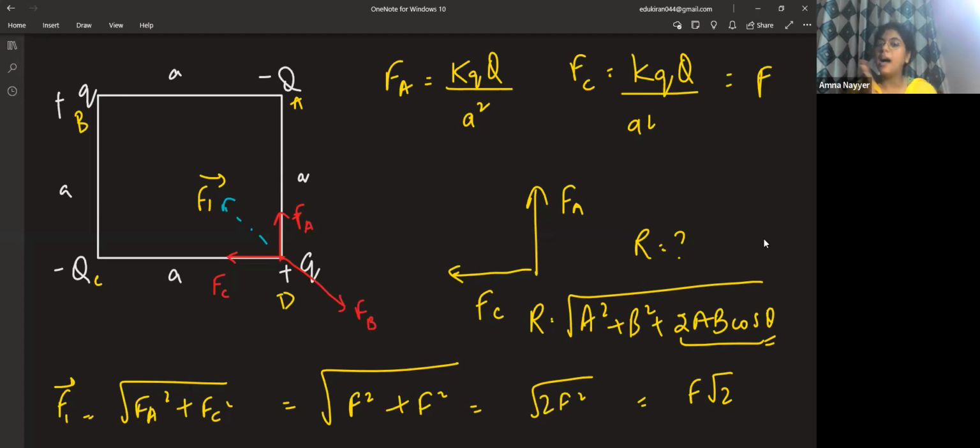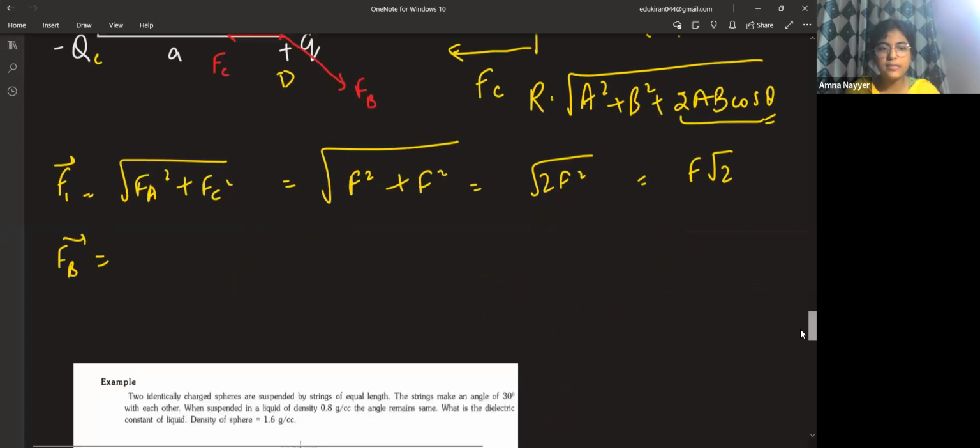When we take half of the diagonal, you should remember this because it gets involved a lot in your questions. The complete diagonal is root 2A, and half of the diagonal is A by root 2 after rationalization. But since we are not calculating it at the center, A by root 2 won't be used. We'll have the entire root 2A.